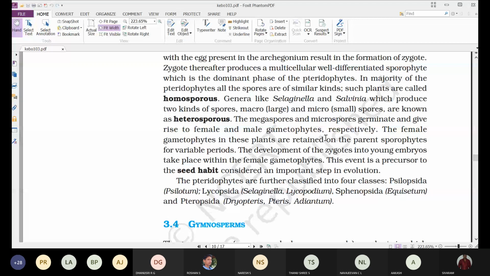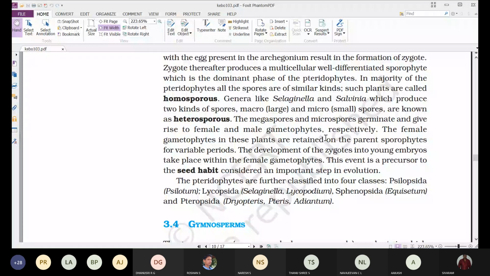This is the first step in plant evolution for the development of seed habit. So this is a very important step in the evolution of plants, to give rise to seed plants.